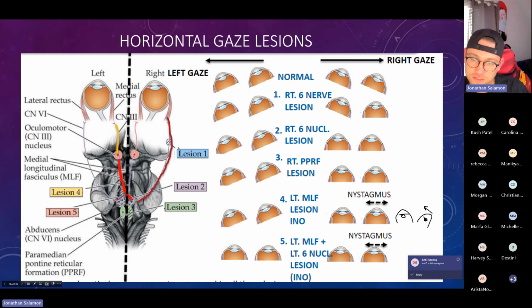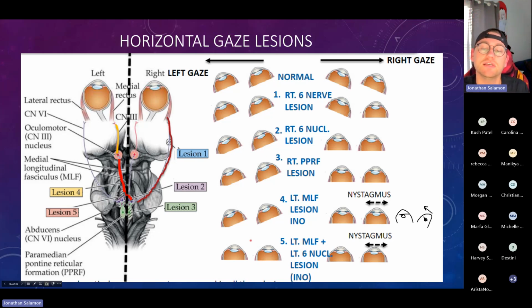Your left MLF is destroyed, and your left 6th nerve nucleus is destroyed. No, it'll still be a nystagmus to the left. Wait, what did you say? Is that what you said? Oh yeah, yes, correct. Sorry.